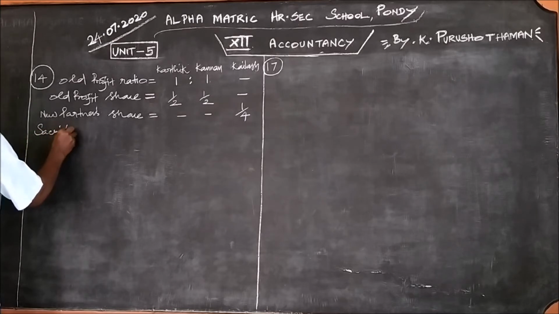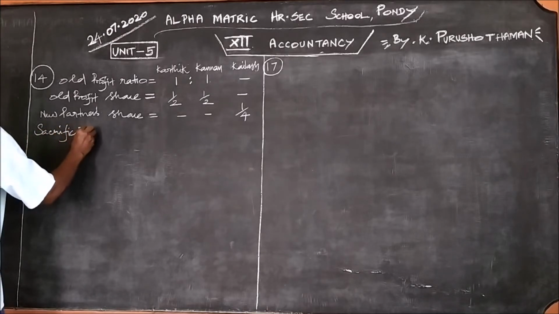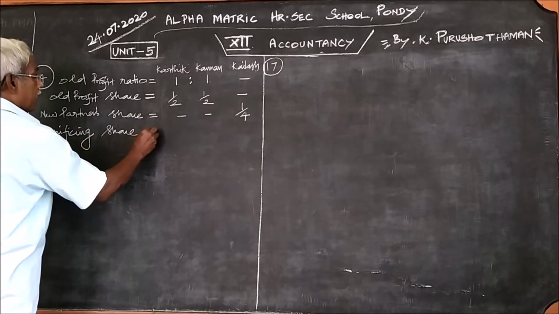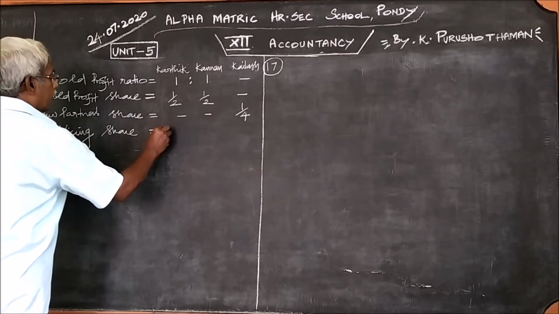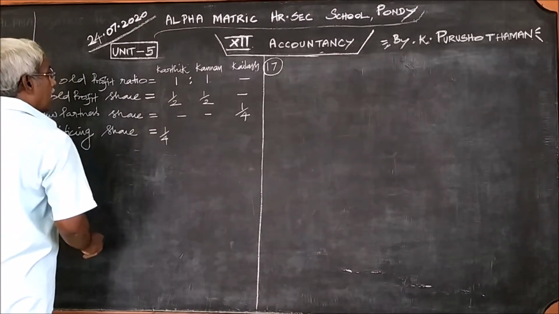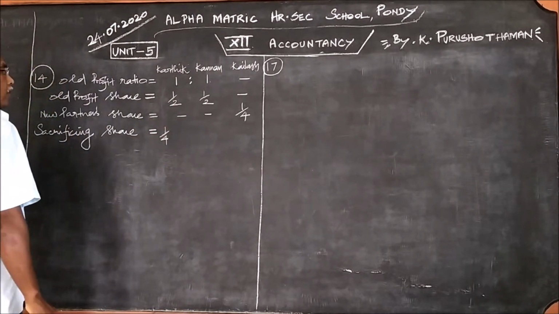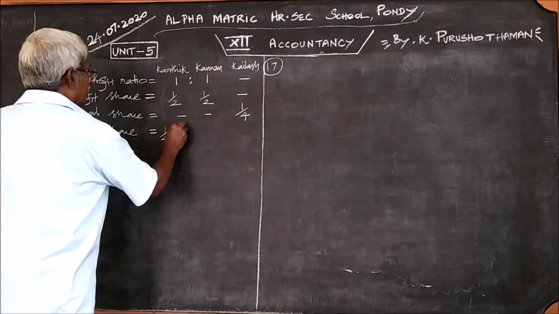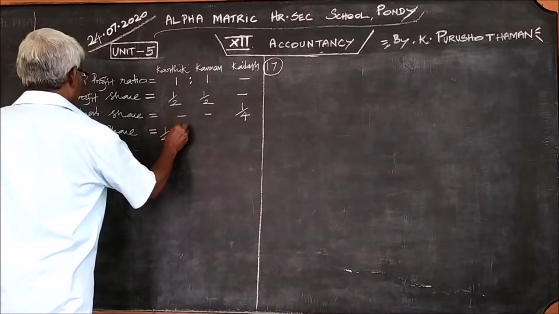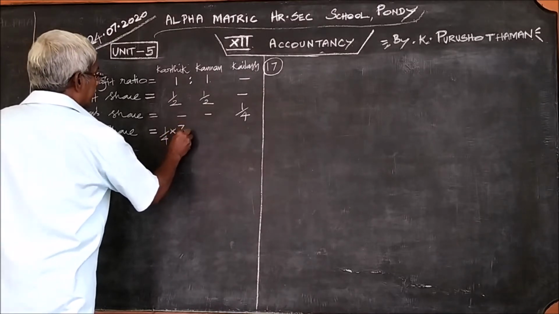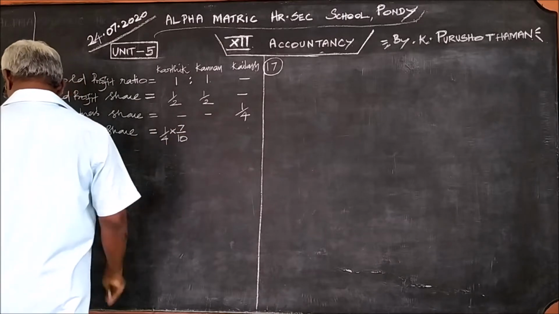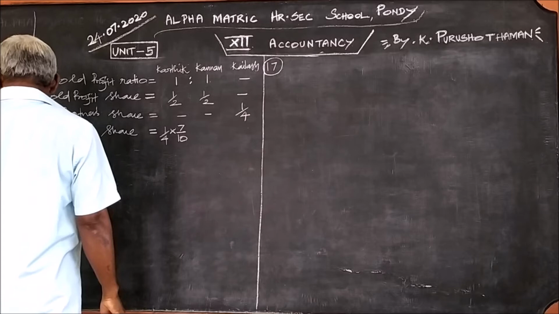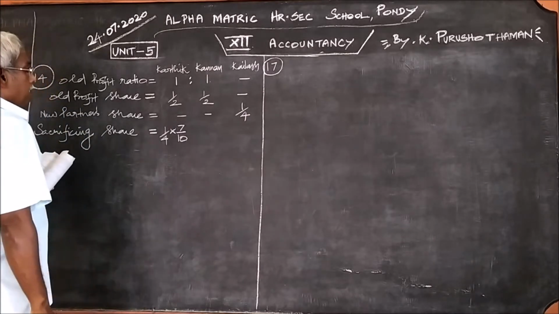how much are the old partners sacrificing? Sacrificing share. This 1/4 is got in the ratio 7:3. That is 7/10 from the old partners in the ratio of 7:3.